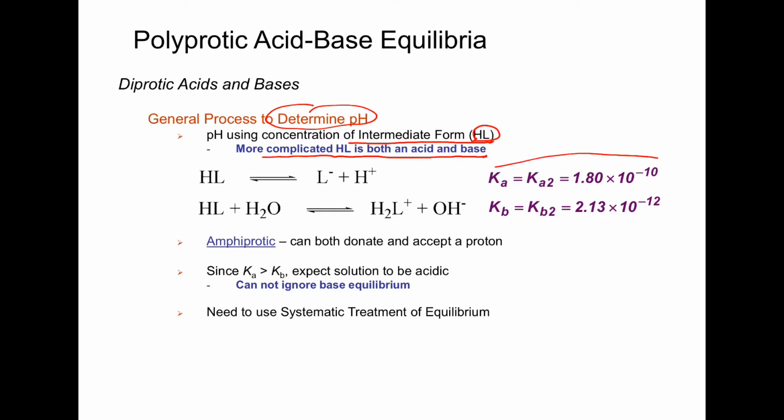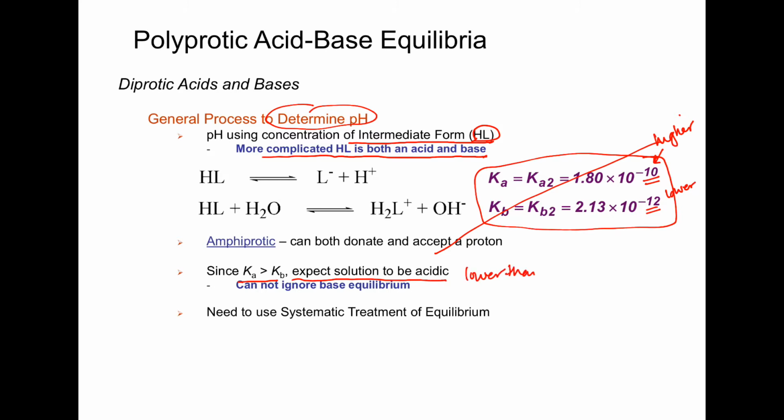When we look at the K's over on this side, and we look at the exponents here, this one is higher. So this is a higher Ka, and this one is lower. What that tells me is that since the Ka is higher than the Kb, I would expect the solution to be acidic. So we're probably looking for a lower than 7 pH, probably.